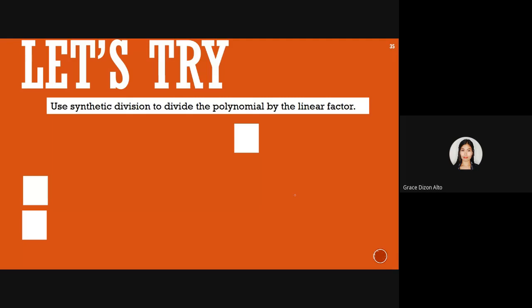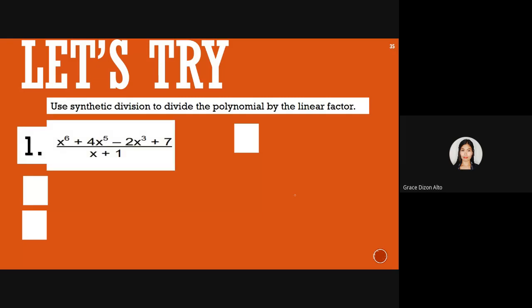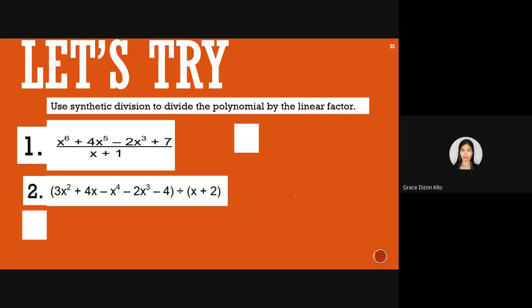So we will try to do some practice exercises. Number 1, x to the 6 plus 4x to the 5th minus 2x plus 7 over x plus 1. Number 2, 3x squared plus 4x minus x to the 4th minus 2x cubed minus 4 divided by x plus 2.